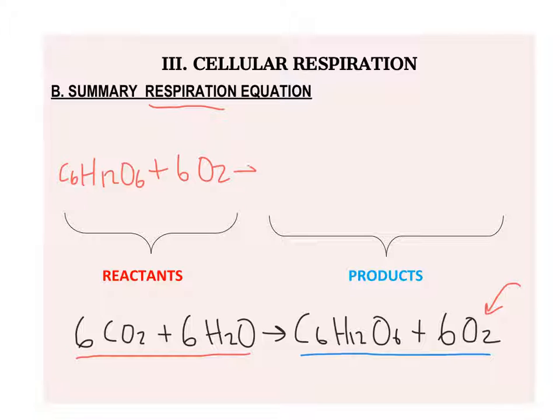Now what do you get from cellular respiration? The products. Well, it's going to look very similar to the reactants in photosynthesis. You're going to get 6 CO2s. That's what we breathe out. Oxygen is what we breathe in. CO2 is what we breathe out. Plus we make 6 H2Os, which is also a reactant in photosynthesis.